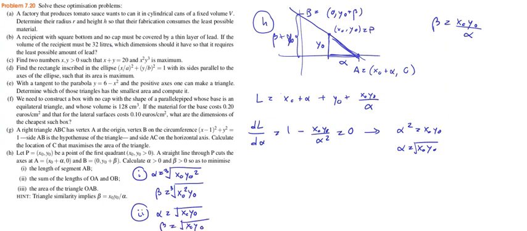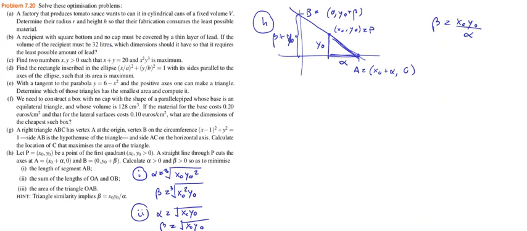Okay, so depending on what we want to maximize, we will get a different value of this alpha and beta. And finally, the area of the triangle, and let's call it S here. The area of the triangle is x0 plus alpha times beta plus y0 over 2.